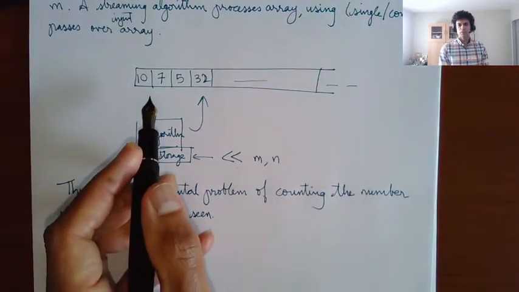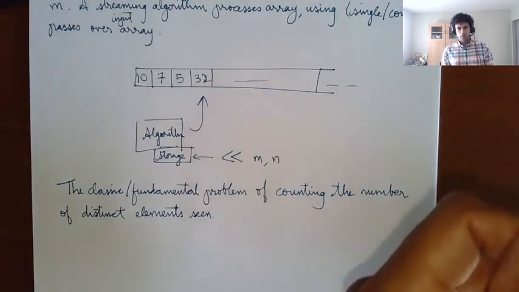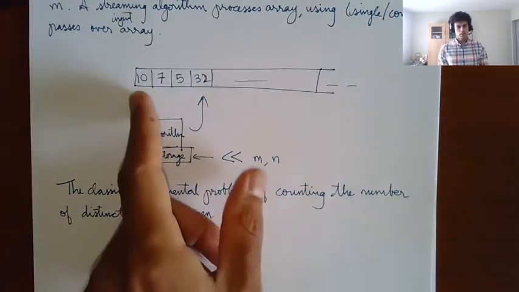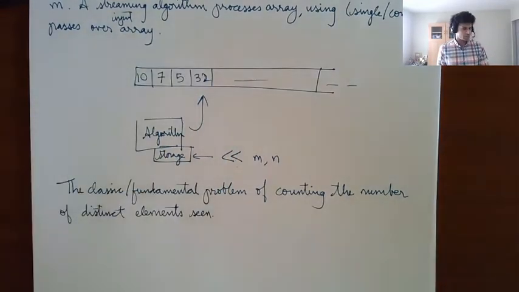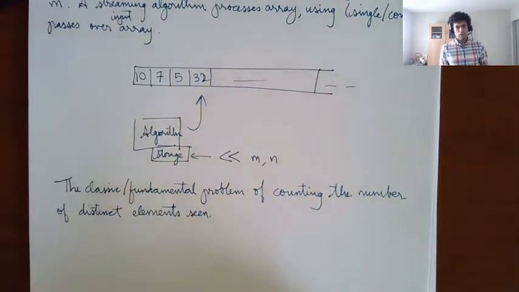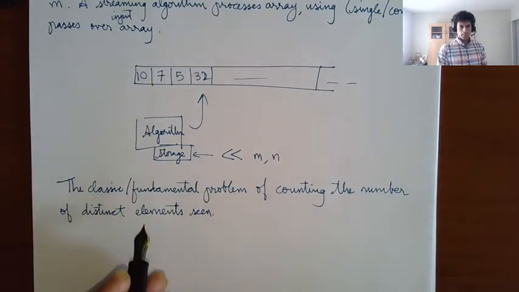I should say, given this model, we don't have a notion of decrementing an item. So you should just think of each item appearing some number of times, and that count only increases. This is referred to as the cash register model. As we go on over the next couple of lectures, we can get into more models. Right now, I would just want to look at the simplest problem. So your array has a collection of items, and you want to count the number of distinct items that are seen. Does the question make sense?